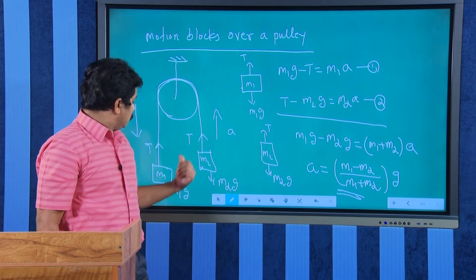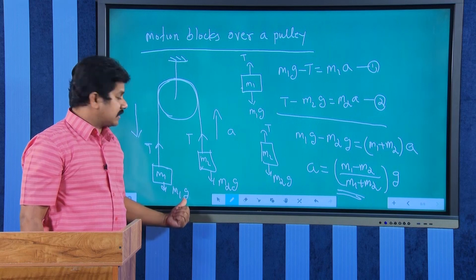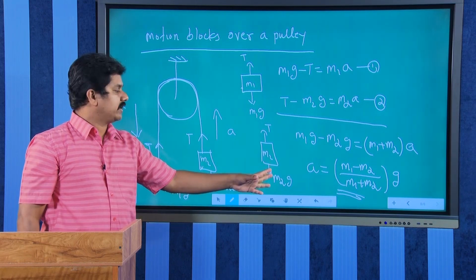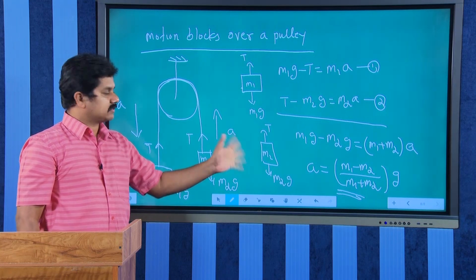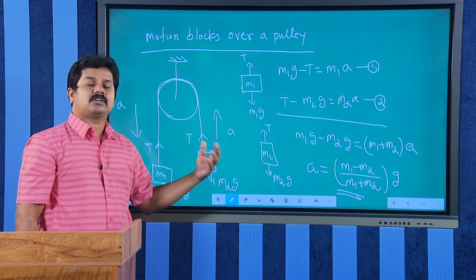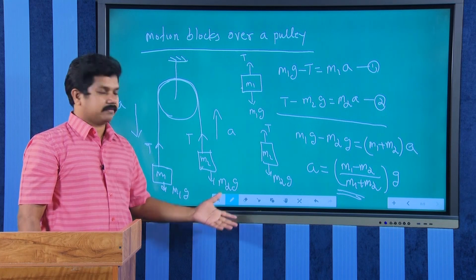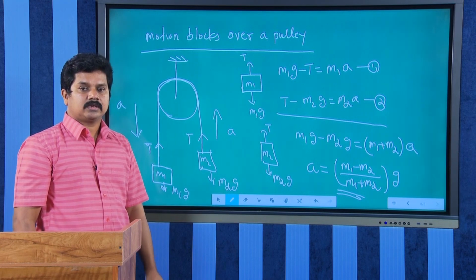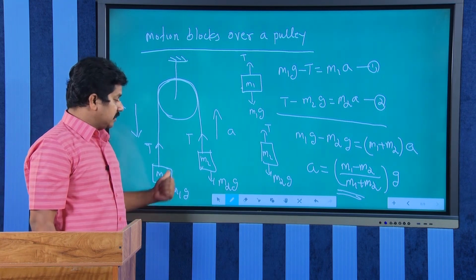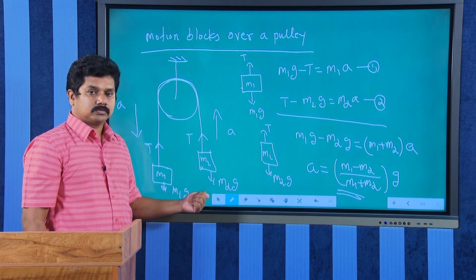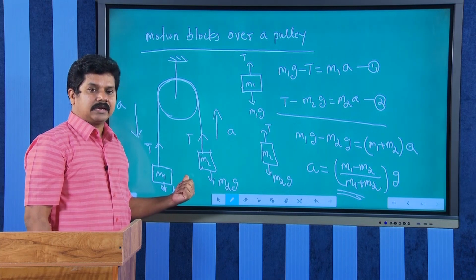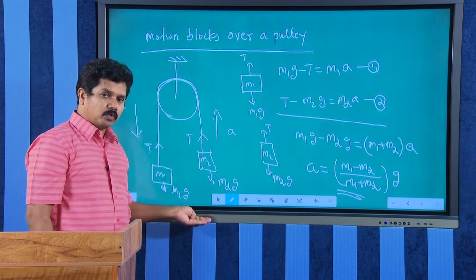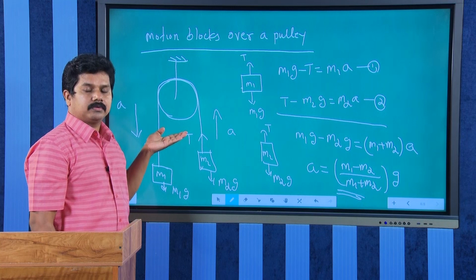Okay. So, m1 will move down with acceleration m1 minus m2 by m1 plus m2 into g, and m2 will move up with the same acceleration. The direction will be just opposite, magnitude will be same. Here we assumed that m1 is greater than m2. If it is the other way around, m2 is greater than m1, what will happen? m2 will move down, m1 will move up.